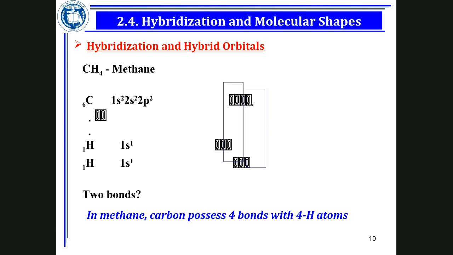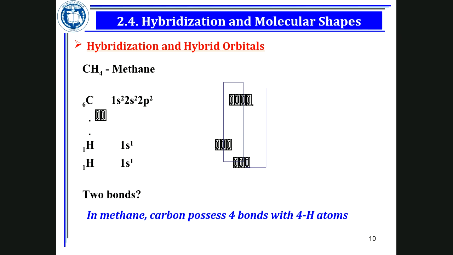Okay, so the formation of a bond is between two separate orbitals of two separate atoms. Hybridization is the overlap of orbitals of the same atom.